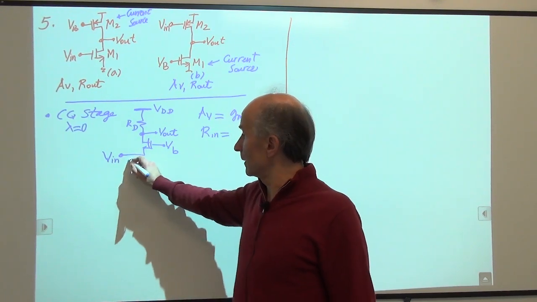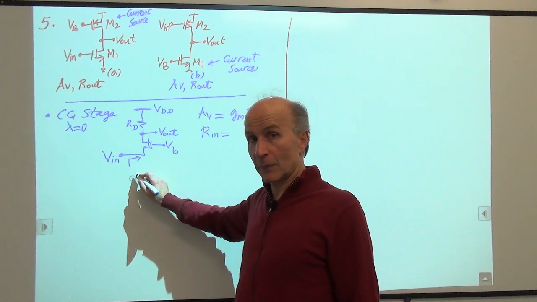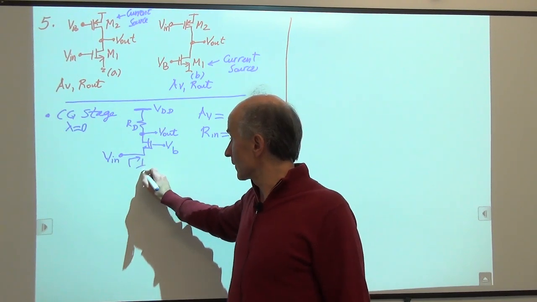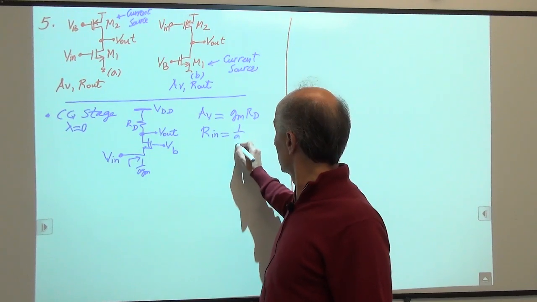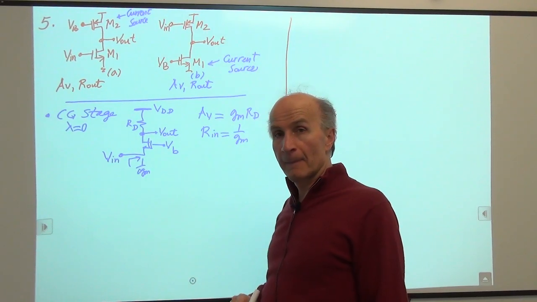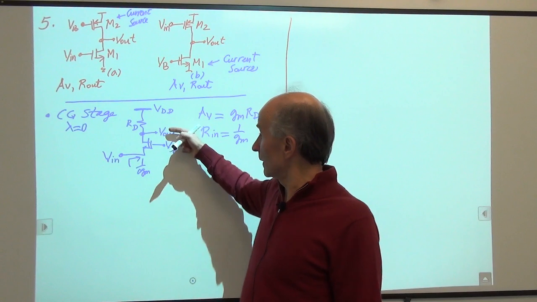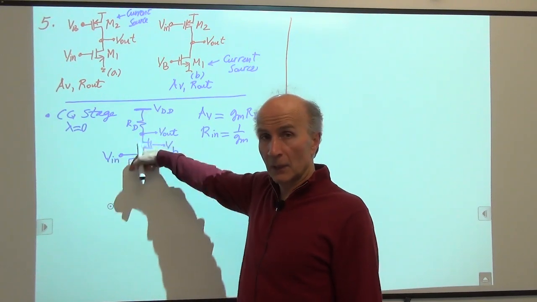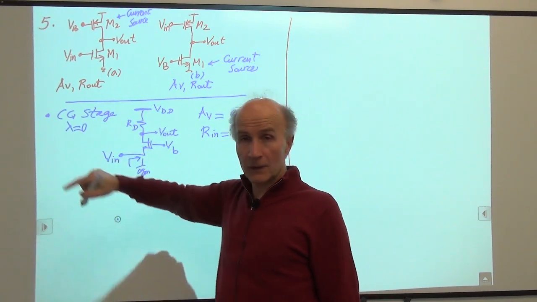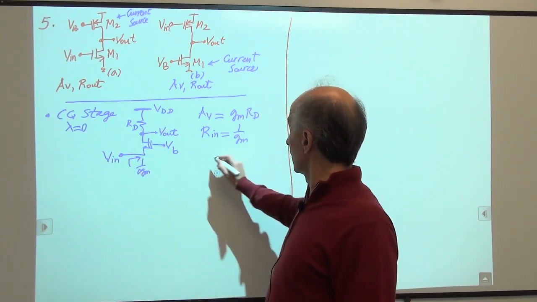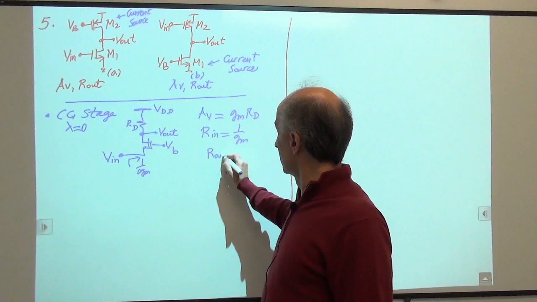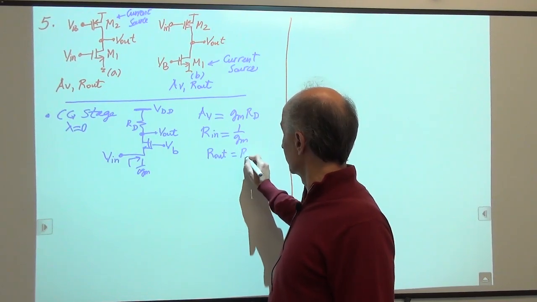Looking into here, we see 1 over gm, just like the bipolar counterpart. And the output resistance: if you sit here and look, we see RD to AC ground. Looking down, we don't see anything because lambda is 0. The output resistance of the device is infinite. So Rout is just RD.